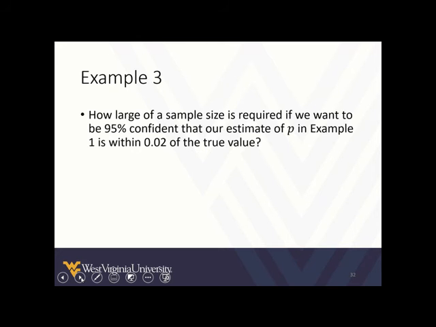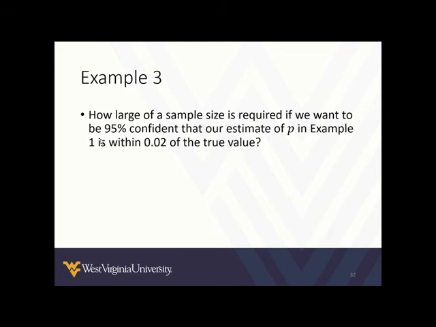And so we can calculate how large of a sample size is required if we want to be 95% confident that our estimate of p in example 1 is within 0.02 of the true value.